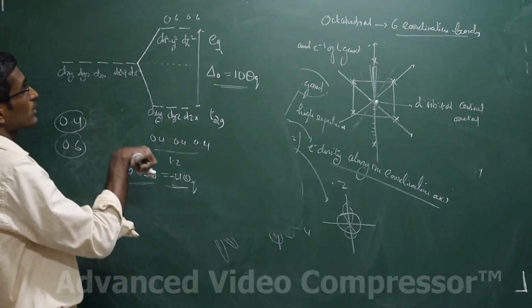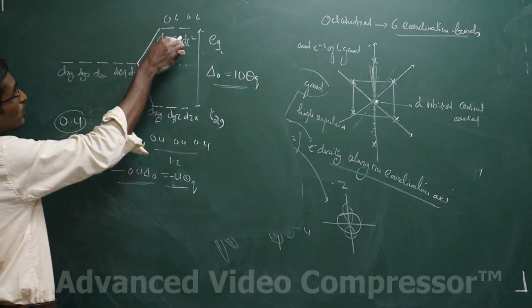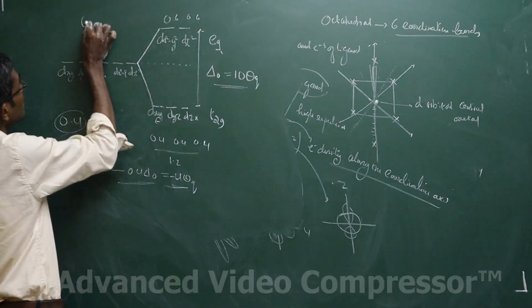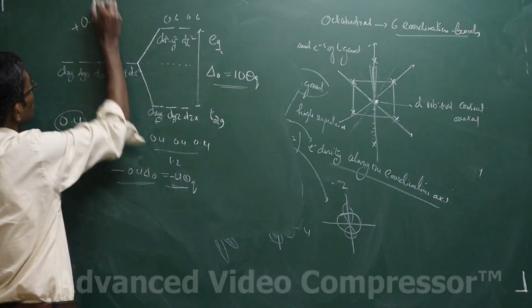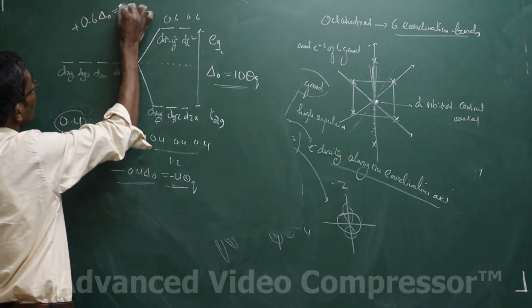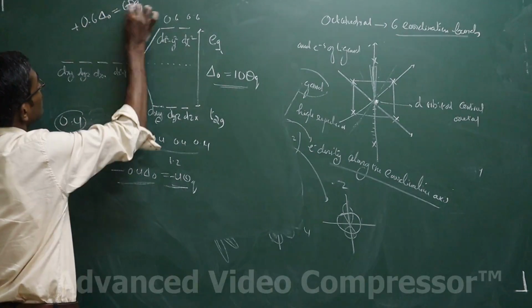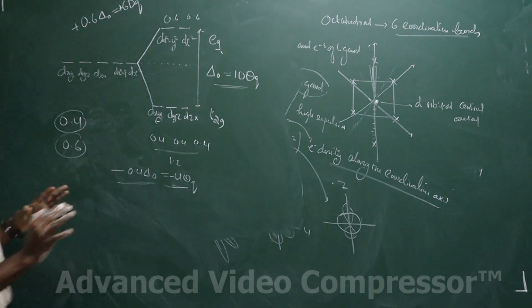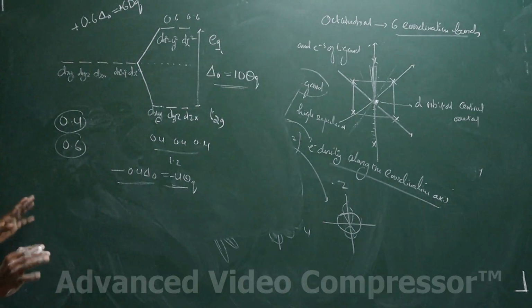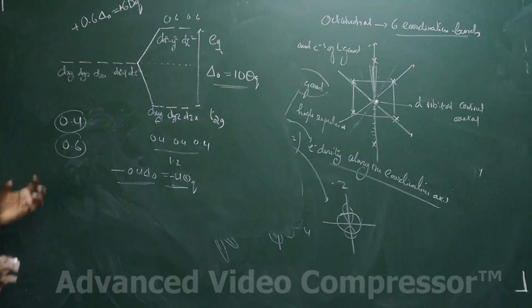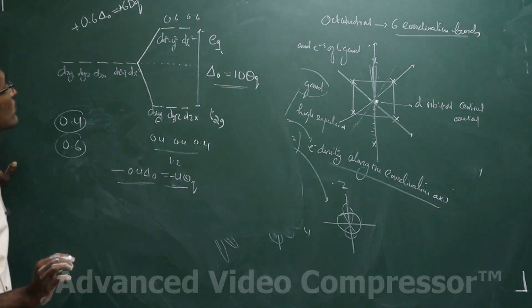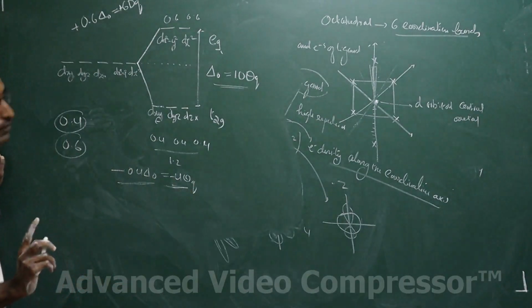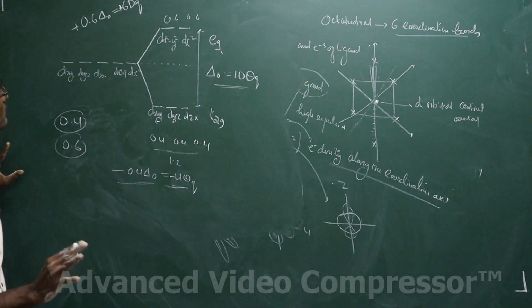Clear? On the other hand, any electron going to the eg orbital will be destabilized by plus 0.6 delta naught, or plus 6 dq. So this is how it has to be done. Very clear? So I'll just put it back: minus 0.4 delta naught or minus 4 dq, or plus 0.6 delta naught or plus 6 dq.